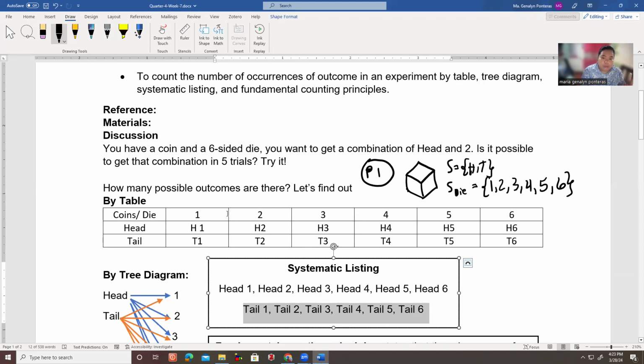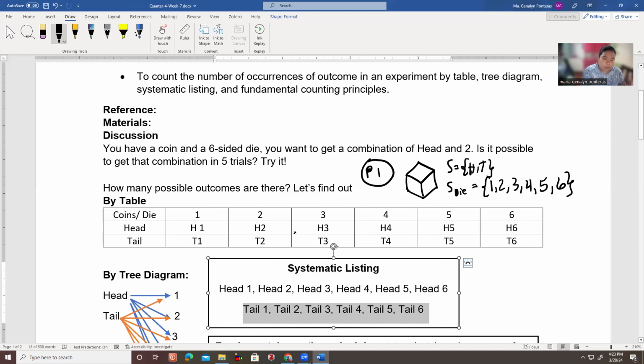Now, if we're going to put it in a table, in the row part, you have head and tail. That is for the coin. For the die, you have 1, 2, 3, 4, 5, 6 in each column. So getting the combinations, you have head 1, tail 1, head 2, tail 2, head 3, tail 3, head 4, tail 4, head 5, tail 5, and head 6, tail 6.